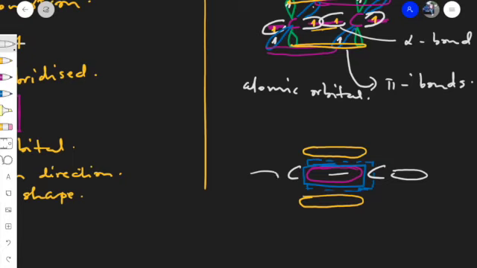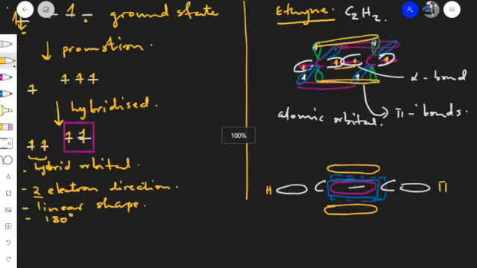Okay, like this. So we can add in our hydrogens. Our hydrogens are going to be here, obviously. These will be your hydrogens.